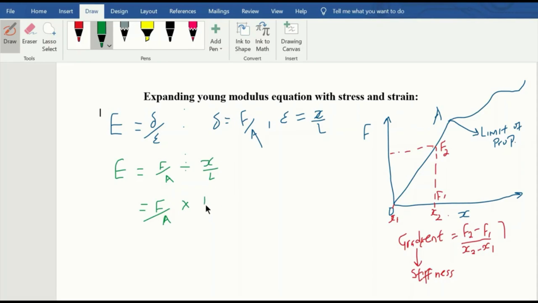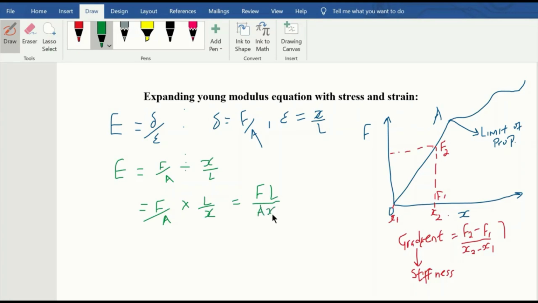It becomes L over x. So this gives us the force times the original length of the material, over the area of the material times the extension.